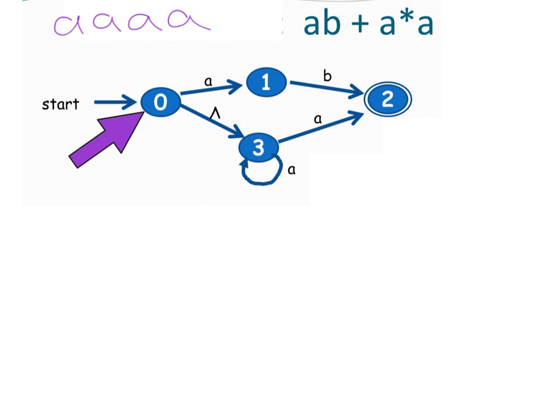But before we make a move ever, we're going to take into account any lambda transitions that we have. So we're going to think of this as a two-stage process. We will take lambda transitions, then we'll process a letter without thinking about lambda. Then we'll take lambdas, then we'll process a letter without taking lambdas.